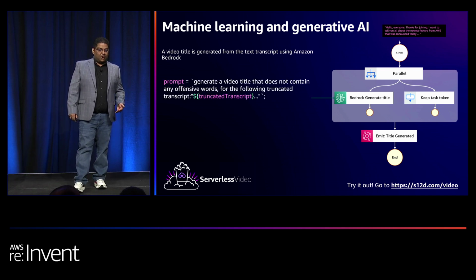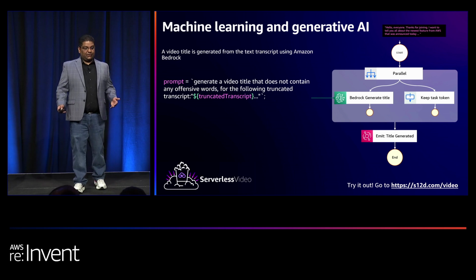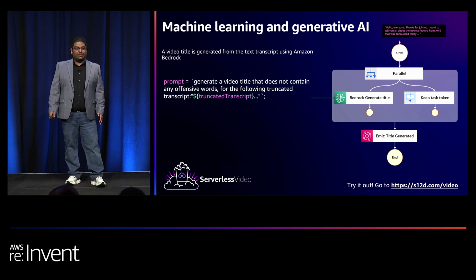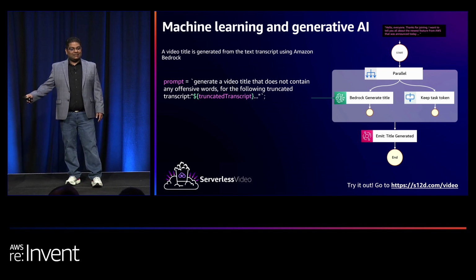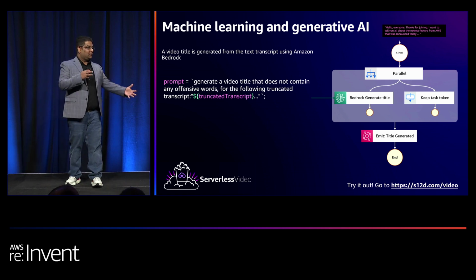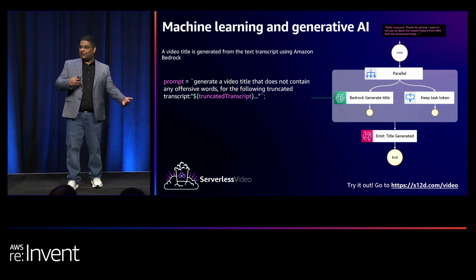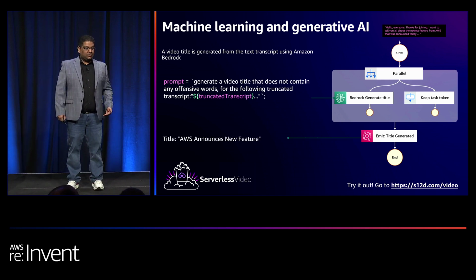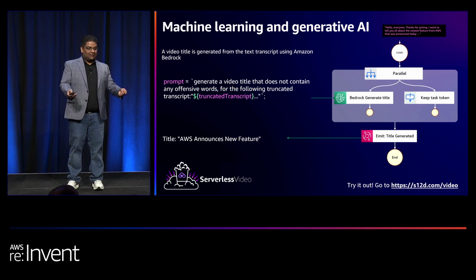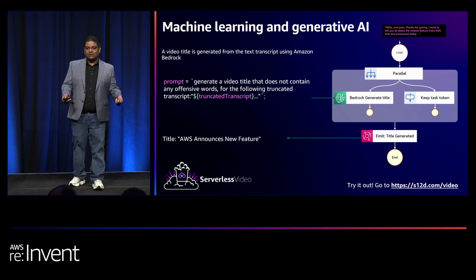And the prompt that we provided is: generate a video title that doesn't contain any offensive words for the following truncated script. Now, that script was taken from the transcribed text of the video that we just stored in an S3 bucket. Once we got that to Bedrock, Bedrock takes its time and then generates a title saying AWS announces new feature.